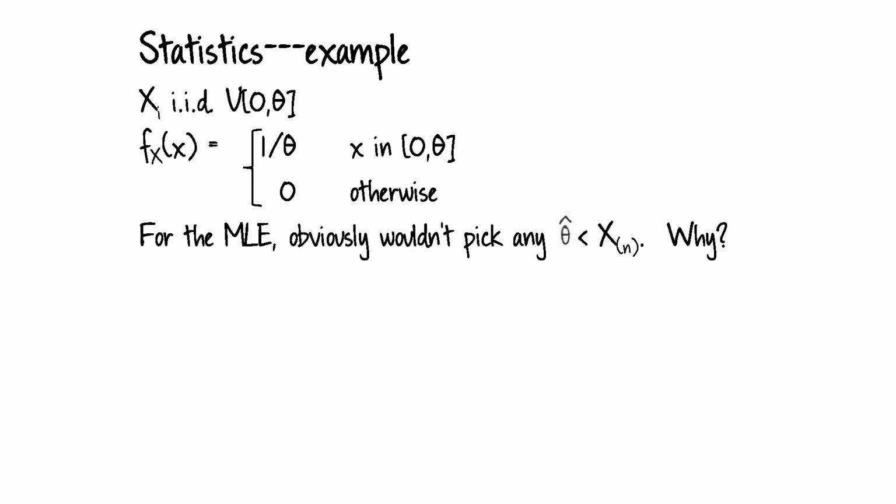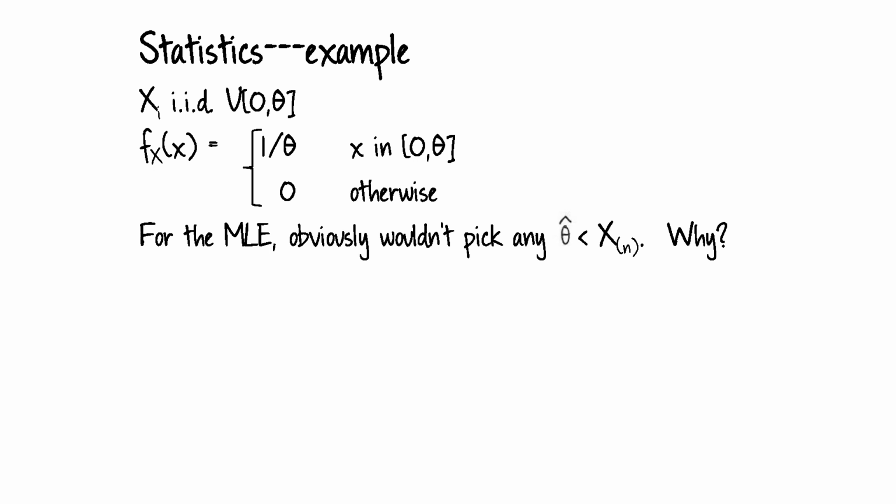Okay, so each of the individual members of the random sample has this distribution, 1 over theta for x in 0 to theta, and 0 otherwise. Okay, everyone agrees to that.